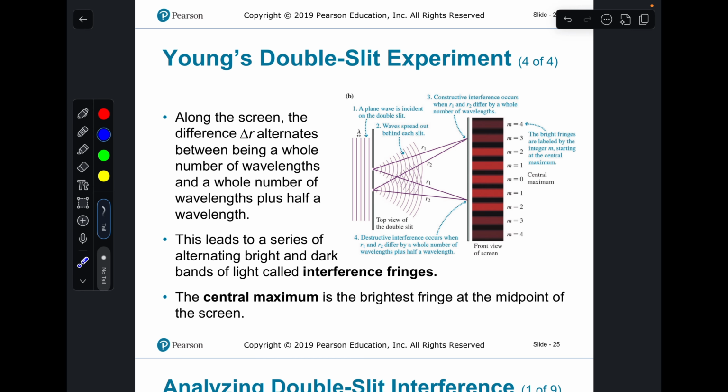So you can see that on the screen, you're going to have several regions of constructive interference and several regions of destructive interference, and that there's an alternating constructive destructive pattern. These are called the interference fringes, and they all oscillate around a central maximum that is 90 degrees from the slit.